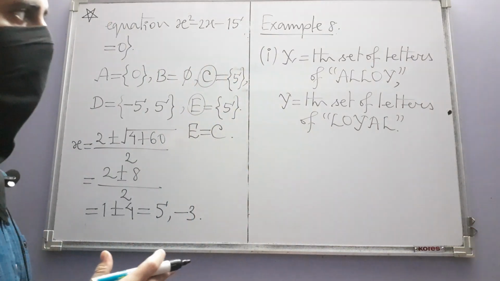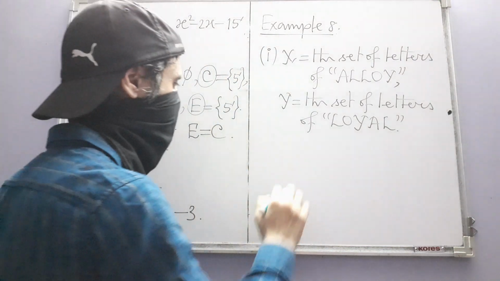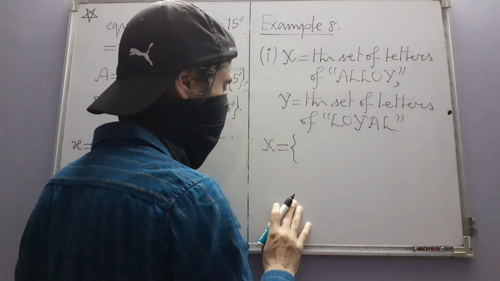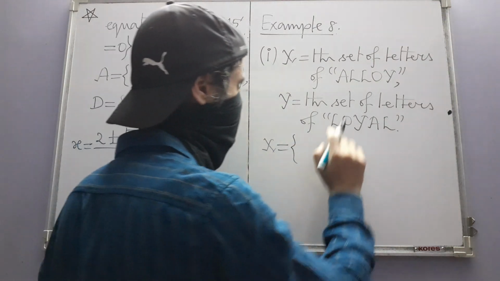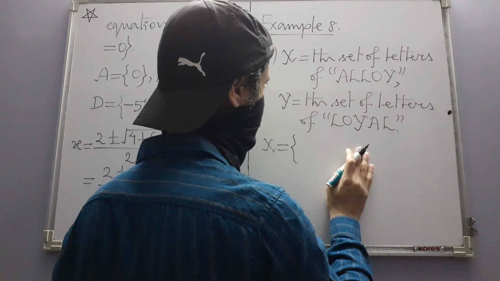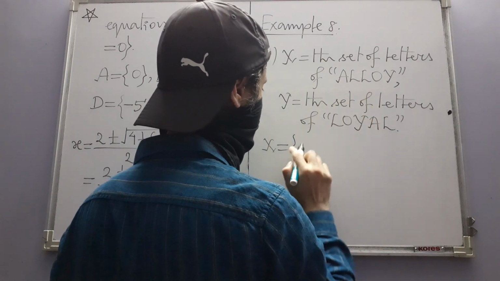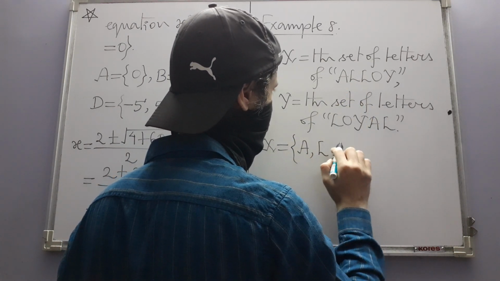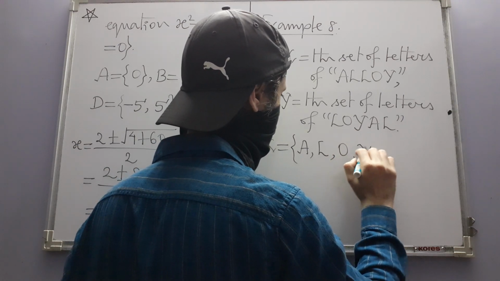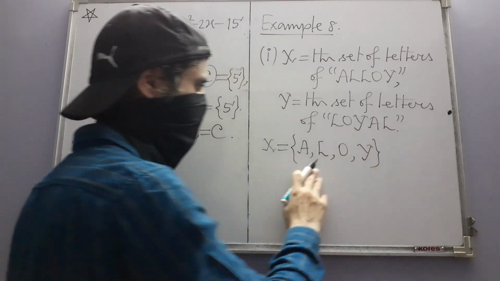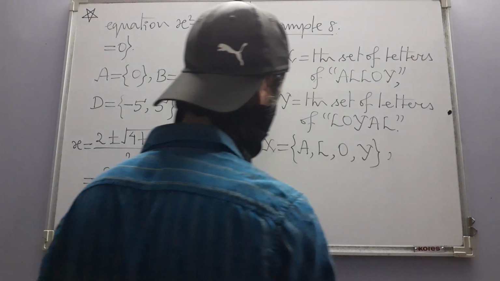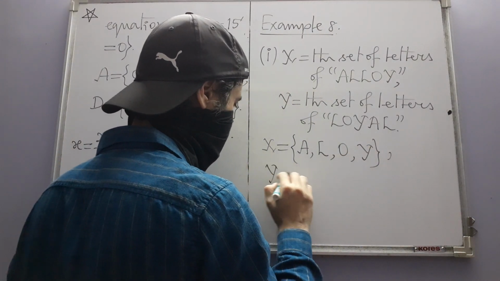If you really write these sets down in roster form, then you will see more easily if they are equal. So what are the letters? We have A, L, O and Y. And there is no point repeating letters. We have already discussed that.